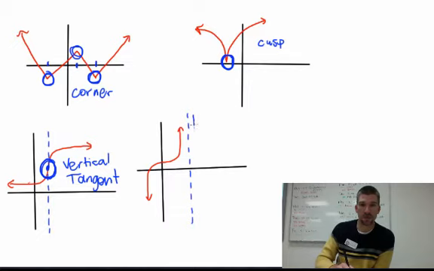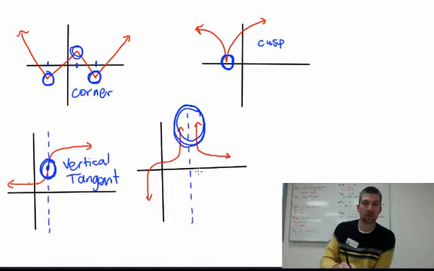Let's make it red. Then right here where my asymptote is, see that right there? Those graphs don't touch. And since they don't touch, they are discontinuous. So wherever I'm discontinuous, I do not have a derivative.